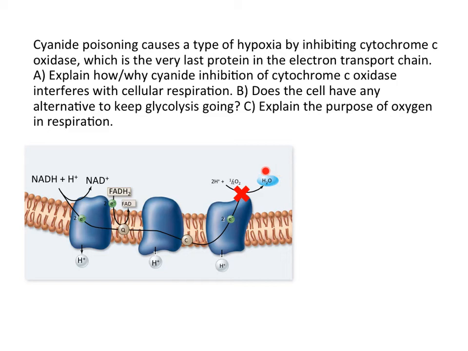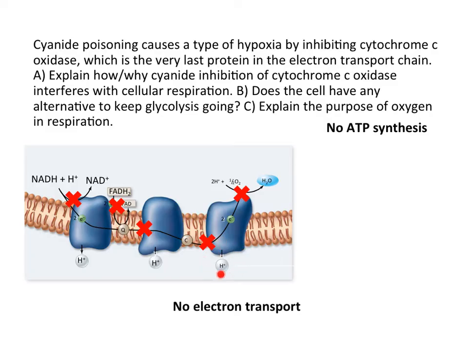So there is no water being formed, but more important than that, since the electrons are not transferred, this blocks this protein from taking new electrons from the transport chain. This essentially stops the movement of electrons through the electron transport chain. If this protein cannot get rid of its used electrons that no longer have energy, then it cannot take new ones that are coming in with energy, and it won't be able to pump a proton.